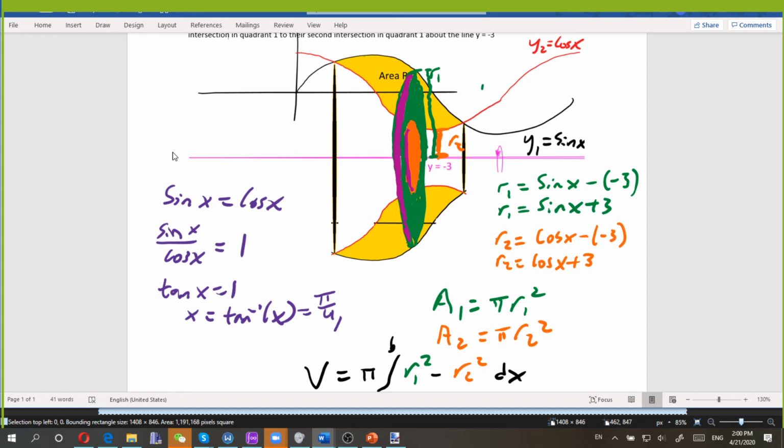And then again at 5 pi fourths. On our unit circle, that's here and here, where x and y are root 2 over 2 and root 2 over 2. And in this case, x and y are negative root 2 over 2 and negative root 2 over 2. So that's my a and b.